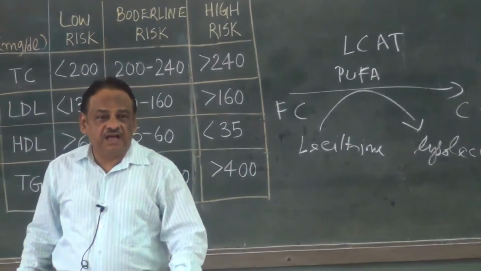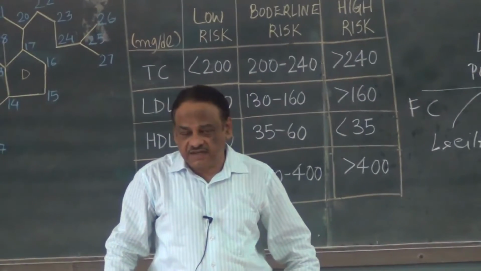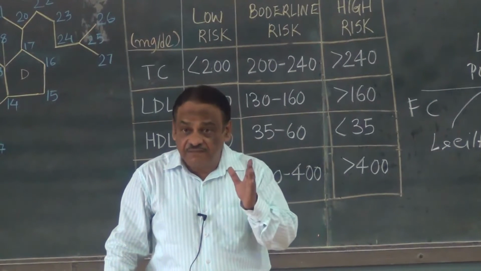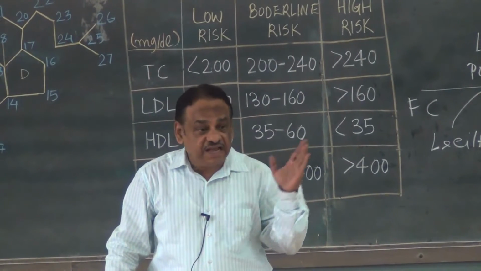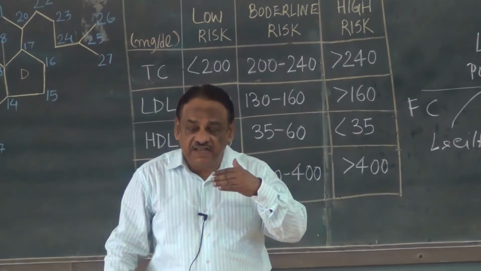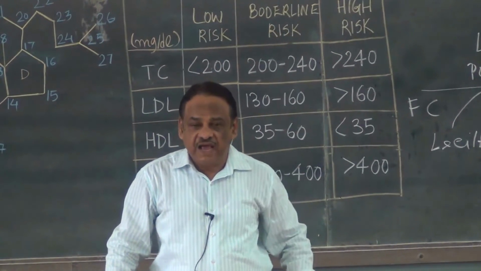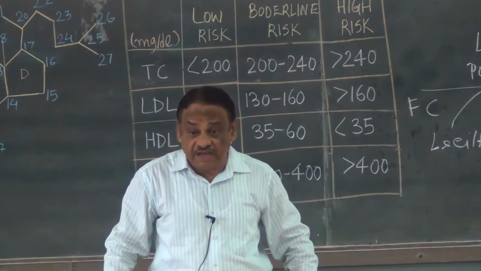PUFA means linoleic acid or arachidonic acid, right? So an oil which contains more PUFA will help in the esterification and its further transport from peripheral tissues back to the liver, and from the liver the cholesterol is excreted in the bile.